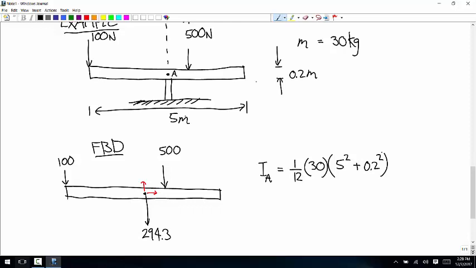Can someone calculate that? 62.6? Okay. And the units are kilogram meter squared. Thank you.